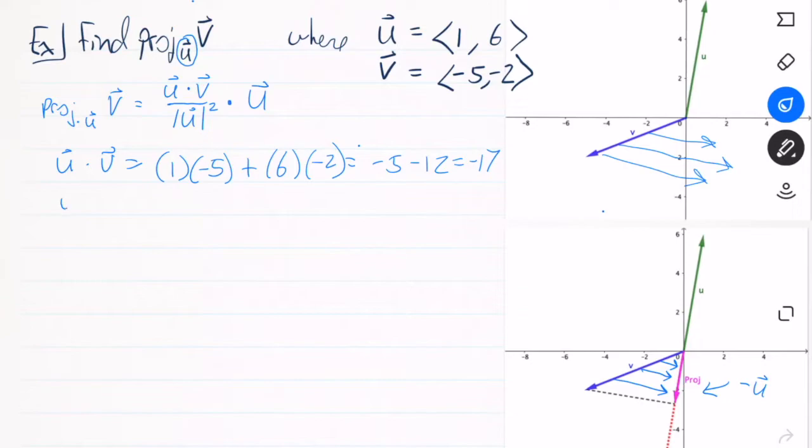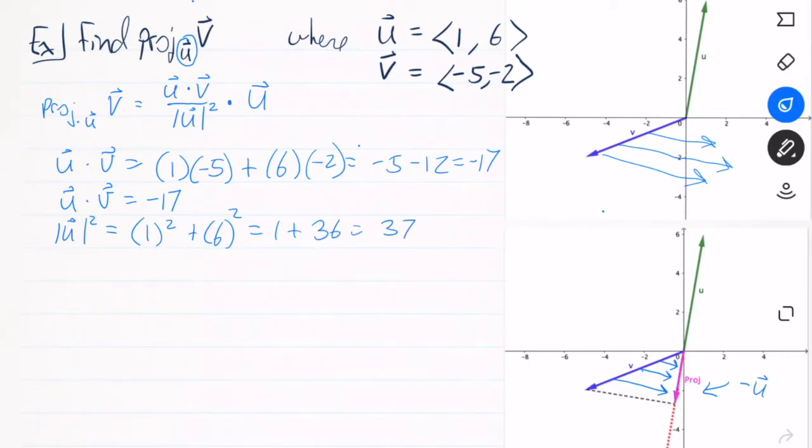So u dot v is going to equal -17. And then we need to find the magnitude of u without the square root because it's going to get squared. So the magnitude of u squared is going to equal 1 squared plus 6 squared. So that's going to be 1 plus 36, better known as 37.